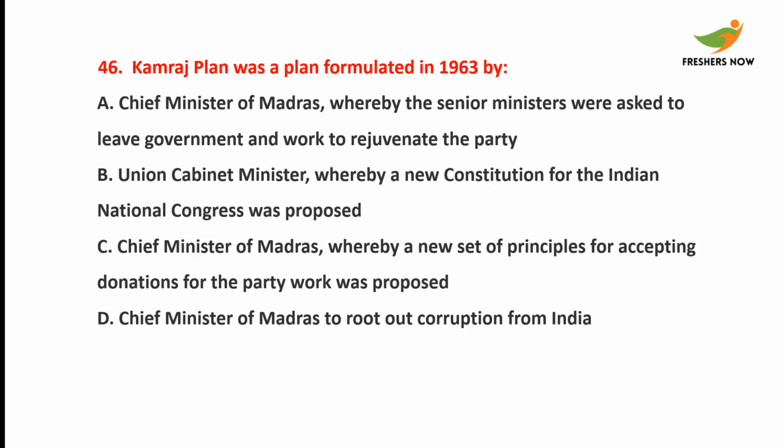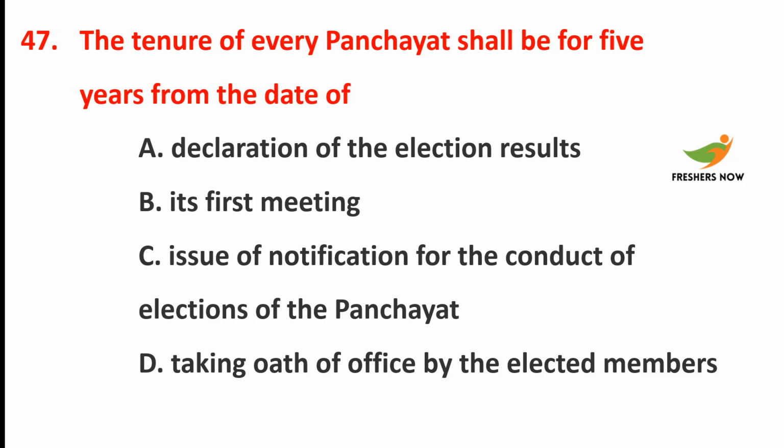Kamaraj Plan was a plan formulated in 1963 by, and the answer is A, Chief Minister of Madras, whereby the senior ministers were asked to leave government and work to rejuvenate the party. 47th question. The tenure of every panchayat shall be for 5 years from the date of, and the answer is A, declaration of the election results.